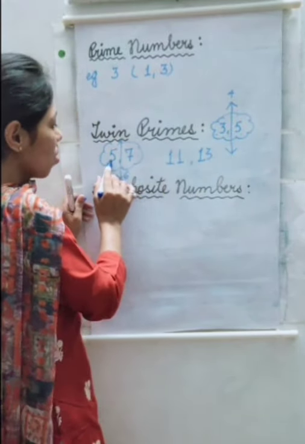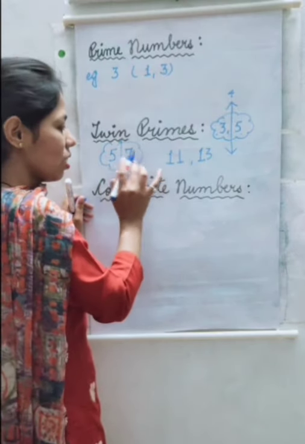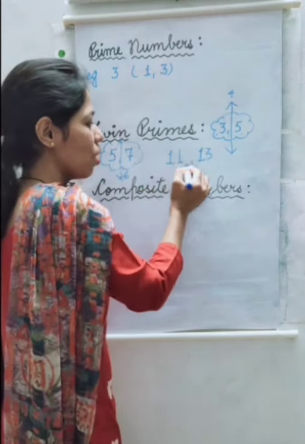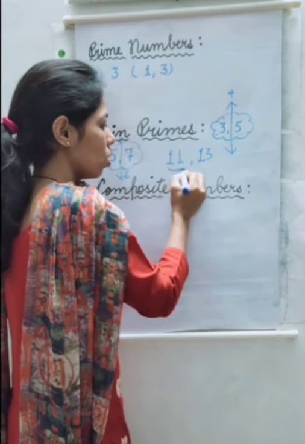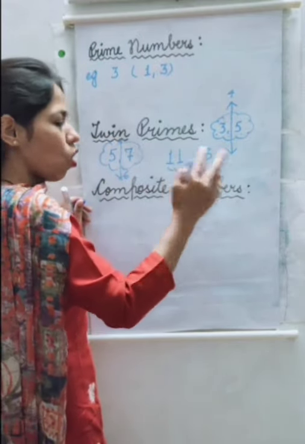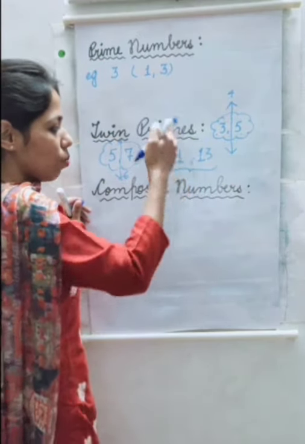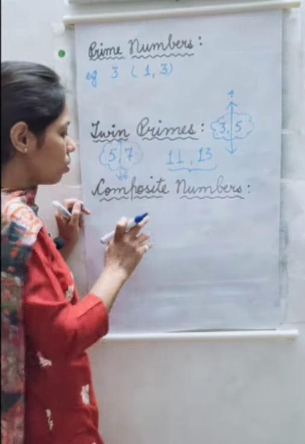Same here, 5, then 6 is a composite number, so 5 and 7 are twin primes. In the same way, 11, 12 is a composite number, so they are almost together. So these two are prime and almost together. They have a number in between, so these kinds of numbers are called twin prime numbers.